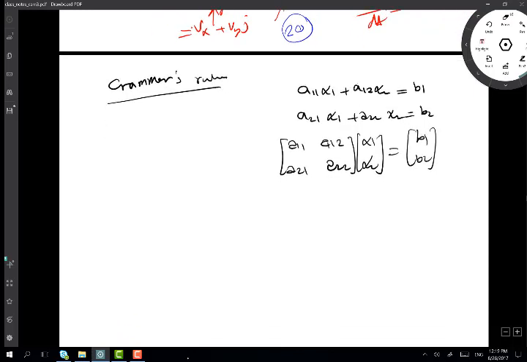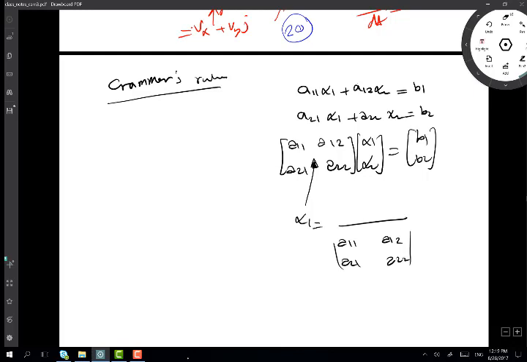And then this determinant here is extremely important, because the way I use it, if I want x1, I divide by this determinant, a11, a12, a21, a22.